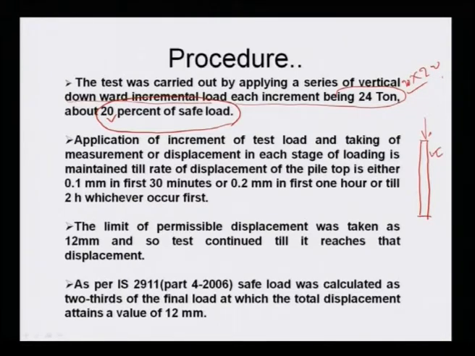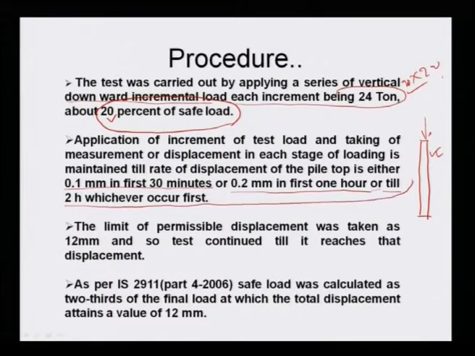Then application of increment of test load and taking measurement of displacement in each stage of loading is maintained, as I said earlier, till the rate of displacement of the pile top is either 0.1 mm in the first 30 minutes or 0.2 mm in the first 1 hour or till 2 hours.